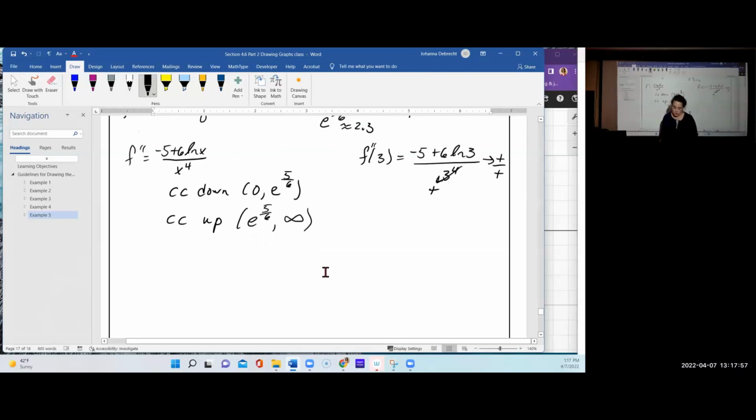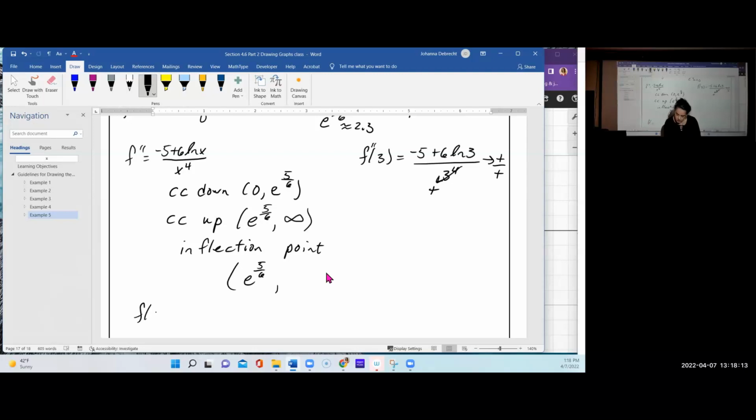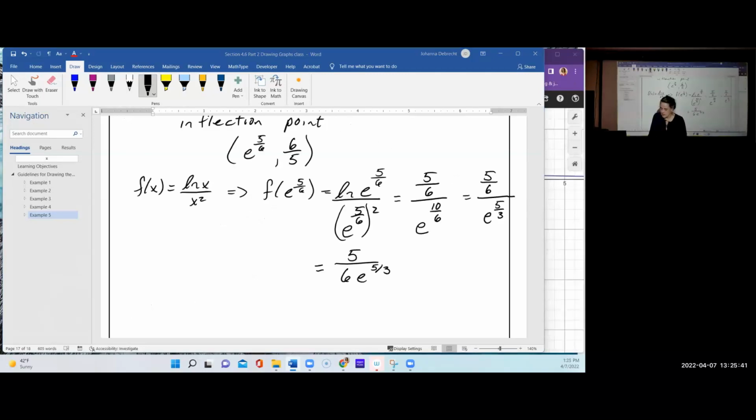So now we need our original function again to find the inflection point. So we have an inflection point at e to the 5/6. And remember, our function, of course, back to the original, was the natural log of x over x squared.